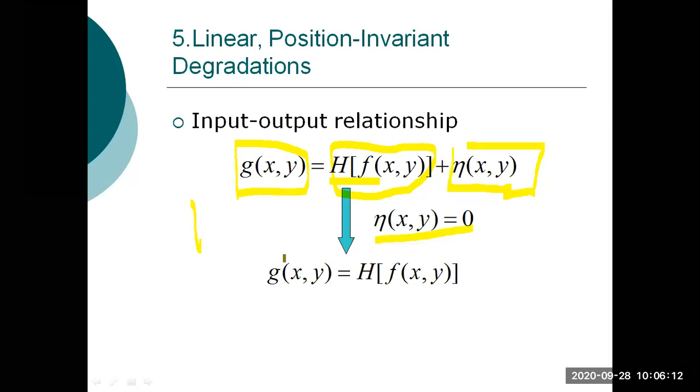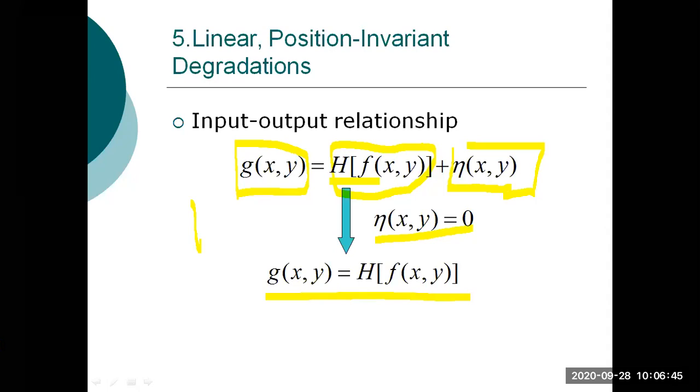So if you see in our noise model, h is our degradation function block. By neglecting this eta of x comma y, our expression will be modified like this: g of x comma y, the output of the degradation block, is given by g of x comma y is equal to h of f of x comma y.